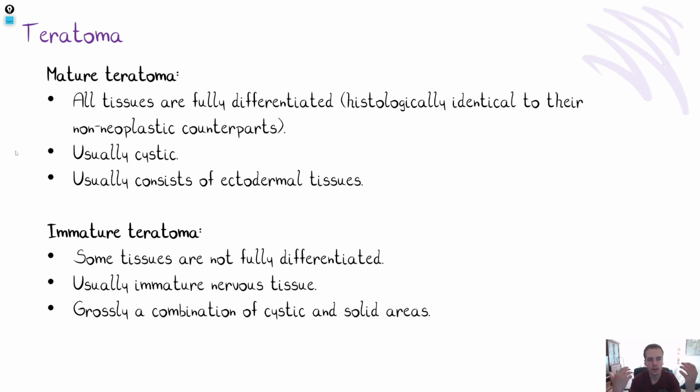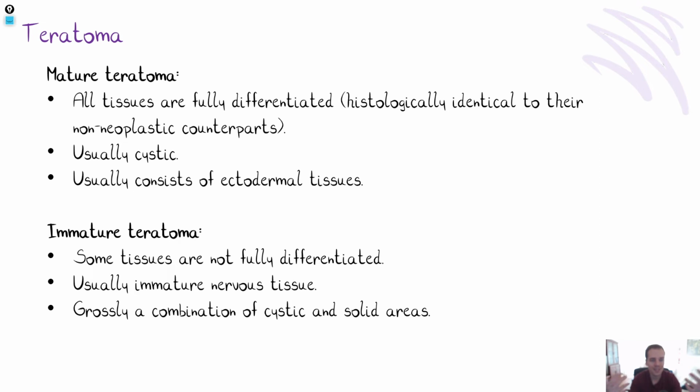So, as I said earlier, mature teratoma means that all tissues in the tumor are fully differentiated. So histologically, they are basically identical to their non-neoplastic counterparts. It's just the haphazard mixture of the tissues.